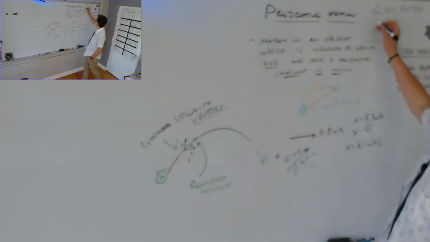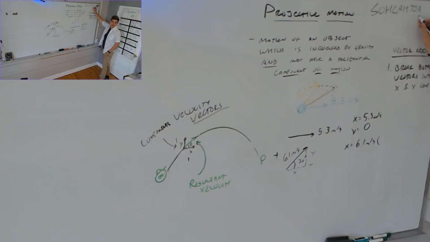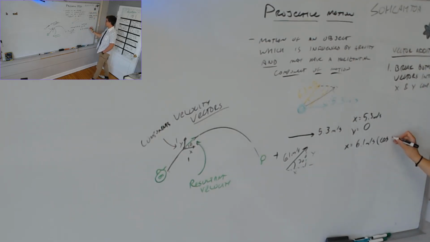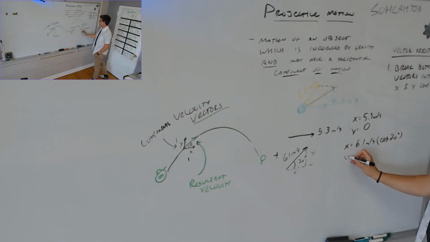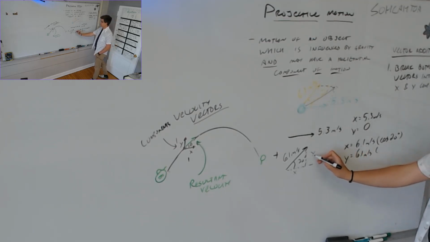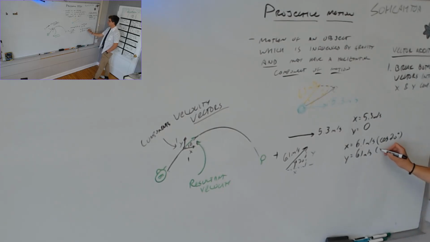So remember, some old hippie caught another hippie tripping on acid. We're trying to find x. We're going to use cosine. Cosine of 20 degrees. And for the y, we're going to use 6.1 meters per second times cosine. Nope, for the y, this is angle theta here, sine. Sine of 20 degrees.